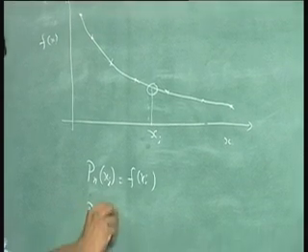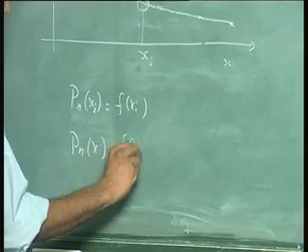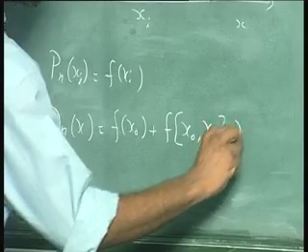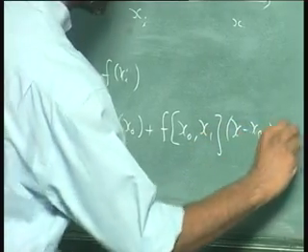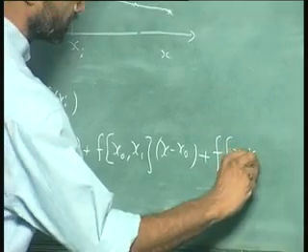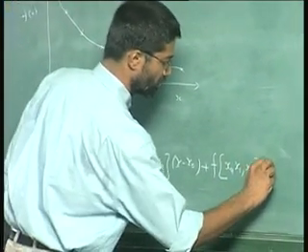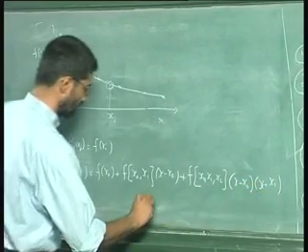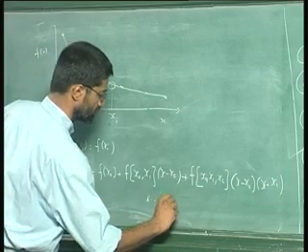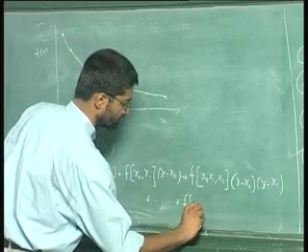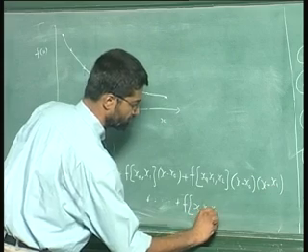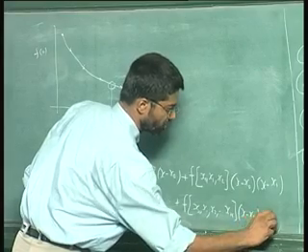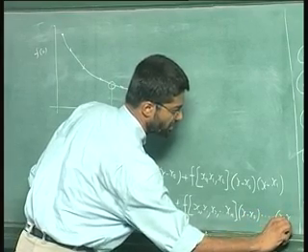For example, using the Newton's form, we know this can be written as f of x0 plus f of x0, x1 times x minus x0 plus, and so on, up to the last term times x minus x0 up to x minus xn minus 1.